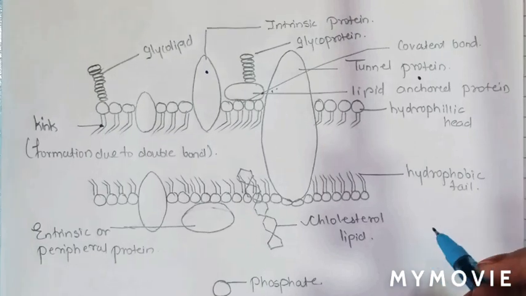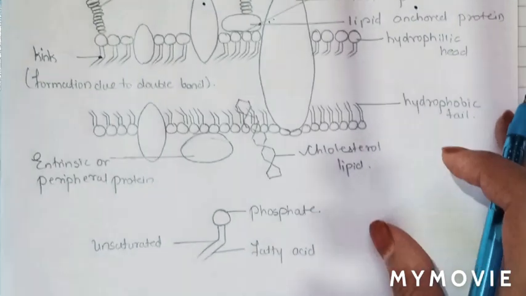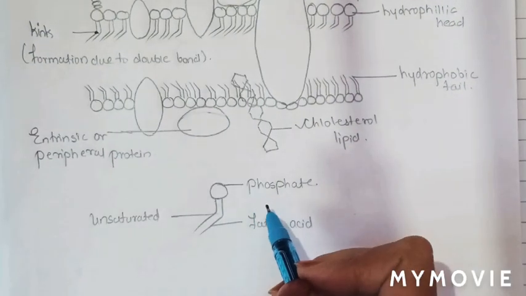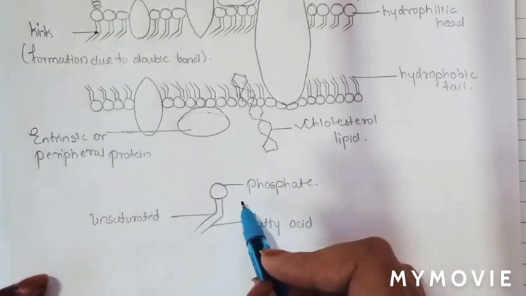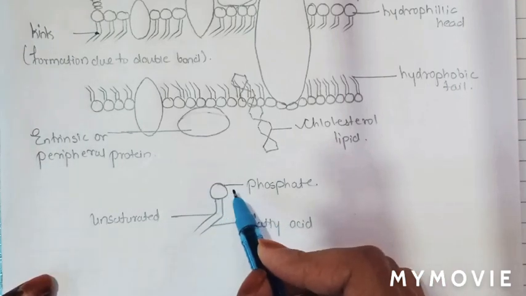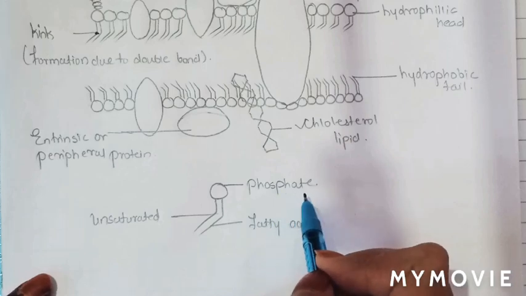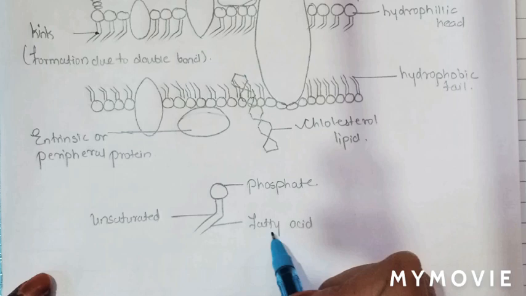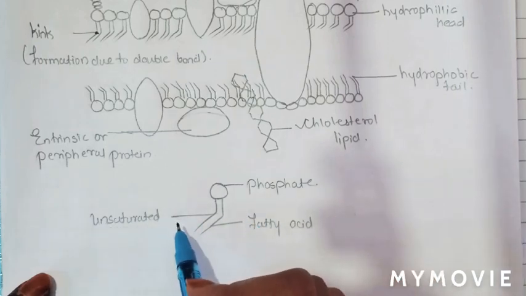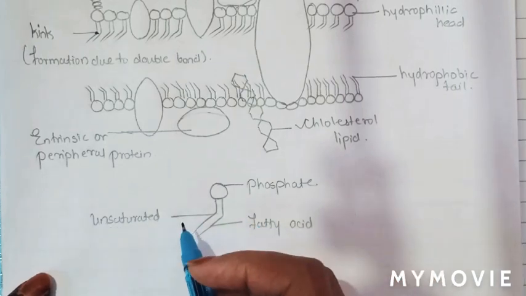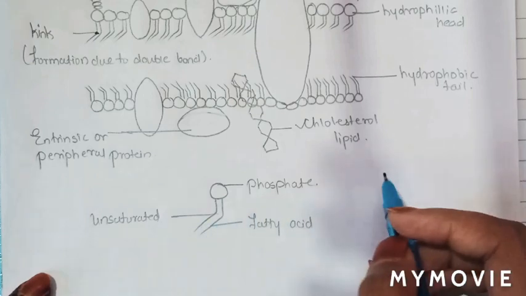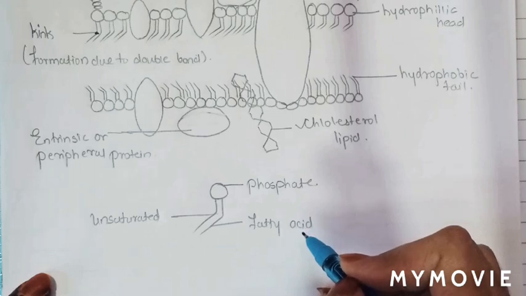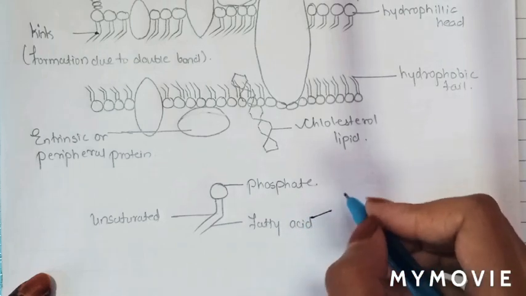Now, if we want to see the structure of the hydrophilic head and hydrophobic tail, meaning the phospholipid, then this rounded head, the hydrophilic head, is of phosphate. These tails are of fatty acid. It is unsaturated, meaning the phospholipid is formed by unsaturated fatty acids, and these fatty acids provide fluidity to the cell membrane.